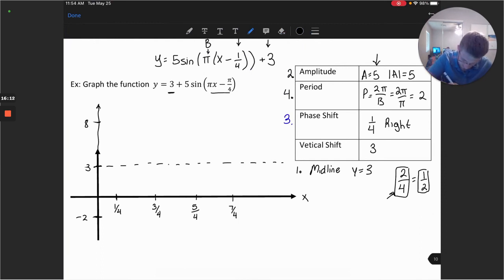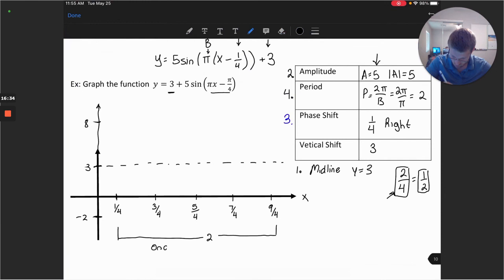And then we'll have one at 9/4. So these are really going to be working our graph 2 units to the right. And so over this 2-unit interval, we're going to have a full cycle of sine. So 1 cycle of sine on this interval.